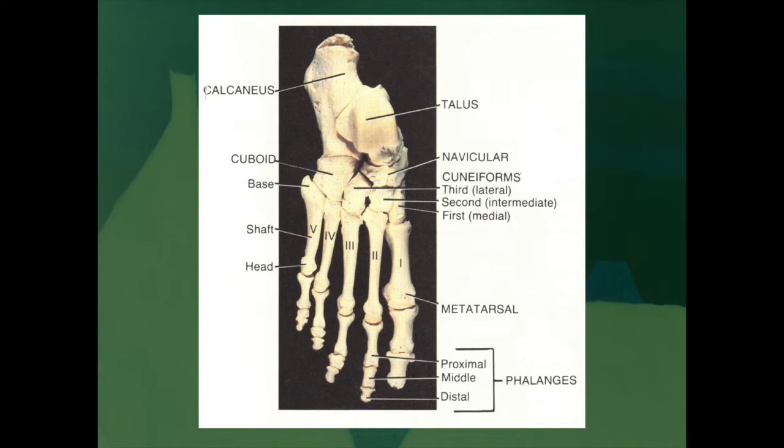Like the metacarpals of the palm of the hand, each metatarsal consists of a proximal base, a shaft, and a distal end, or head. Now, these are, again, short bones, really long bones in miniature. The metatarsals articulate proximally with the first, second, and third cuneiform bones, and with the cuboid.